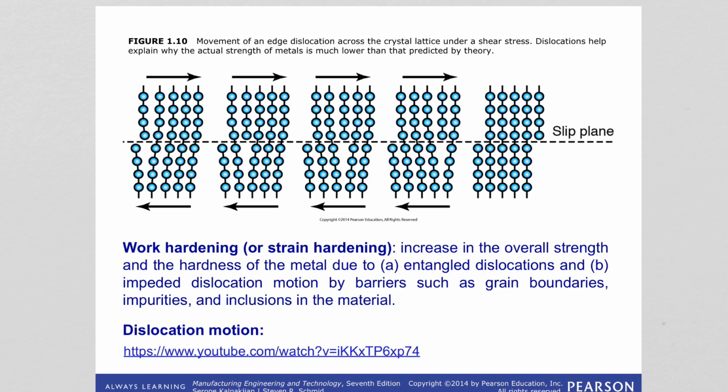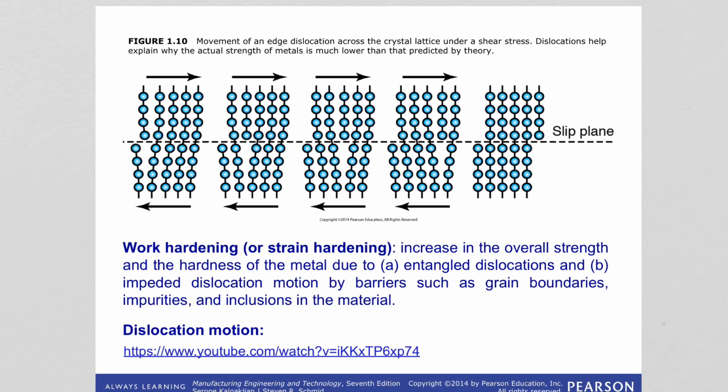initially, theoretically, they calculated how much stress would be required to deform a material. Of course, when they were doing theoretical calculations, what they did was assume that when the material is deforming, you are breaking the bonds of the atoms to shape the material. So therefore, theoretically, very high stresses were required to deform the materials.